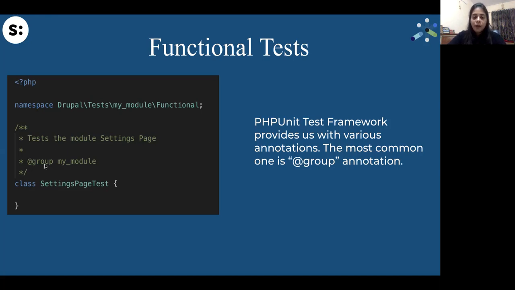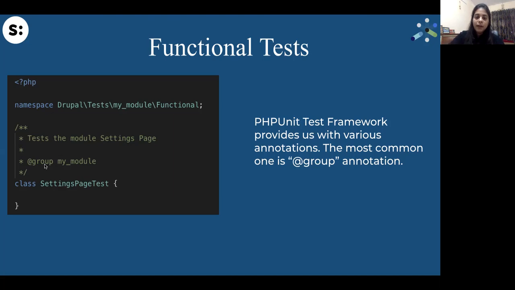The @group annotation is used to categorize certain kinds of tests within one group. You have a module with various functionalities present within it, and you need to bifurcate the functionalities based on some criteria that you have. So you can group your tests according to that.